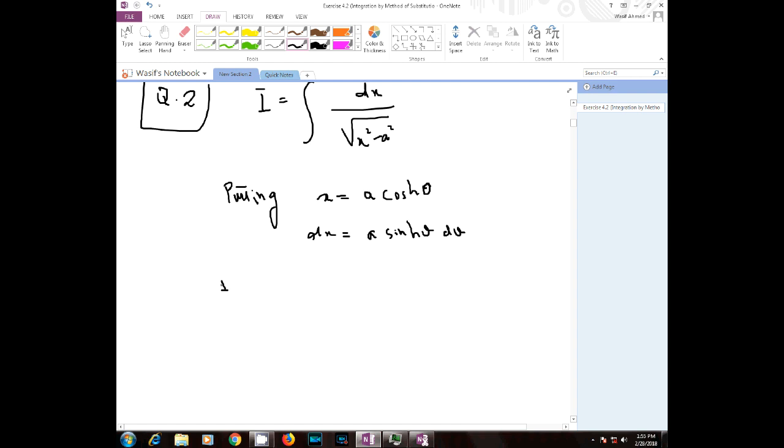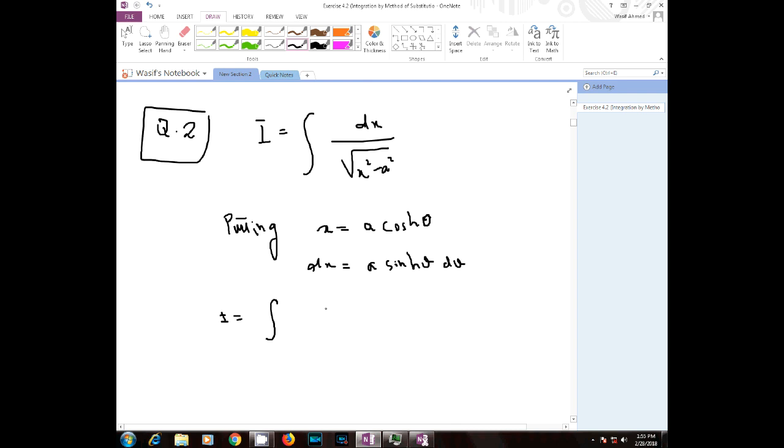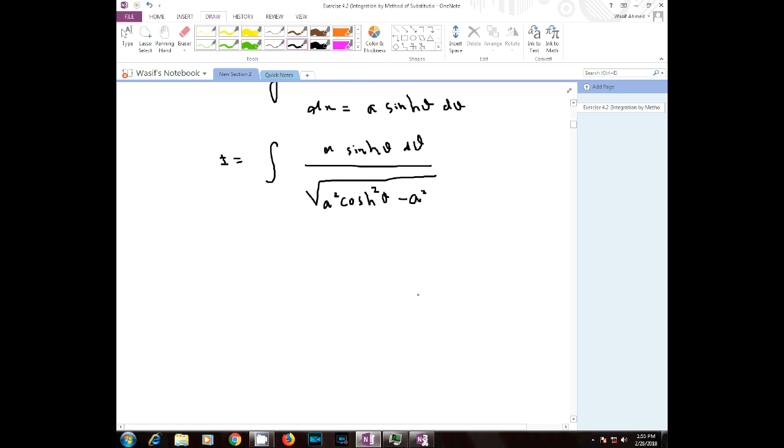Put it back into your given integral, you would get I is equal to, instead of dx you have a sinh theta d theta divided by x square, that is a square cosh square theta minus a square. I have just mentioned to you that cosh square theta minus sinh square theta is equal to 1.